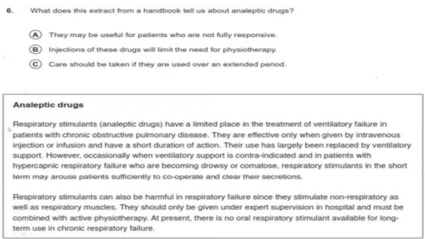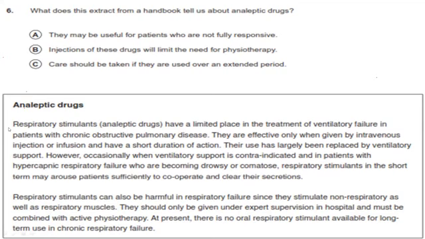They are effective only when they are given by intravenous injection or infusion and have a short duration of action.